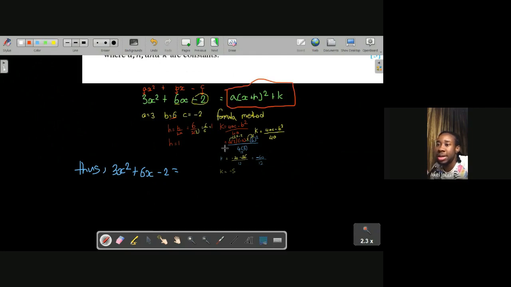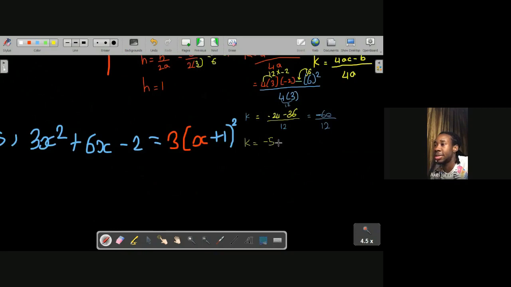In this case, what is a? Well, a we found here, a is 3, open bracket, x plus h. What is h? h is 1, so that is plus 1, close bracket, and then squared, plus k, and we found k to be -5, right? So -5.